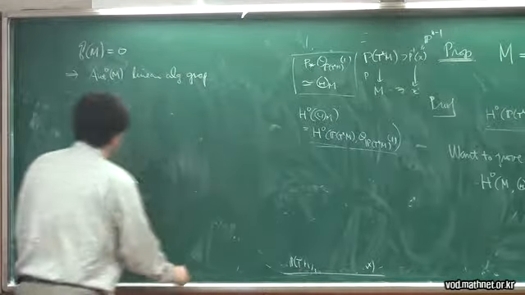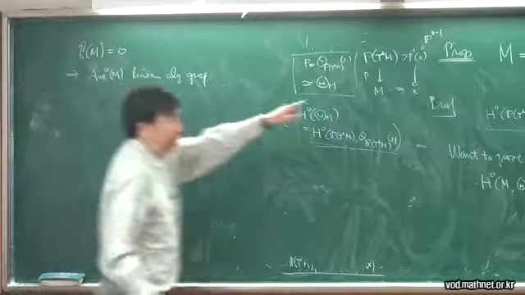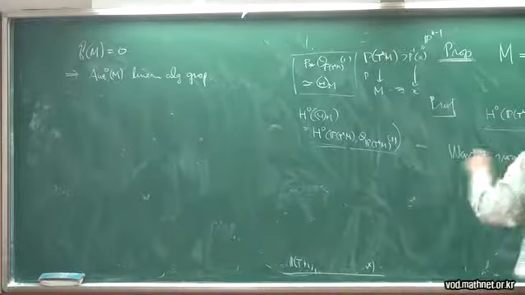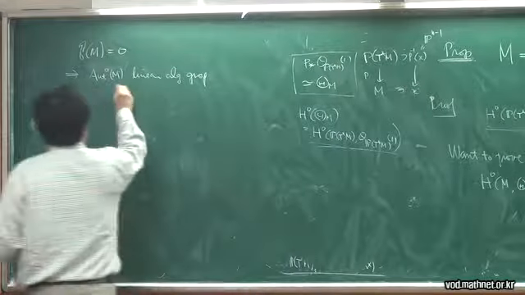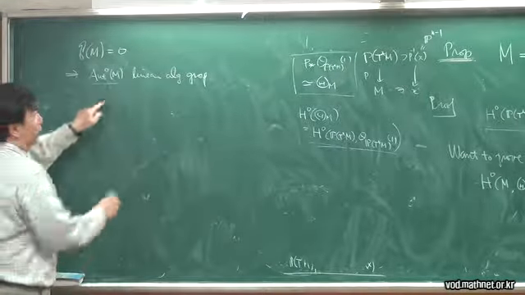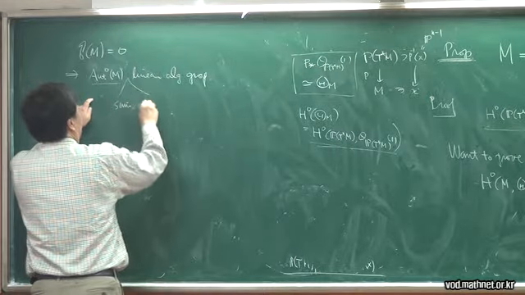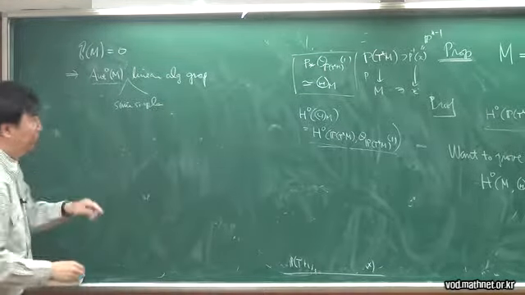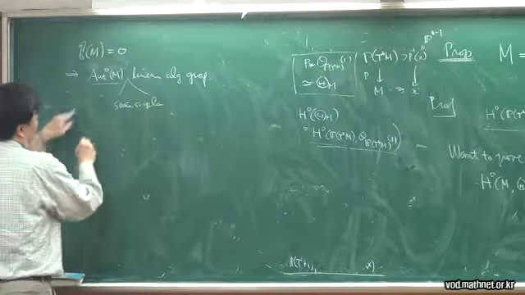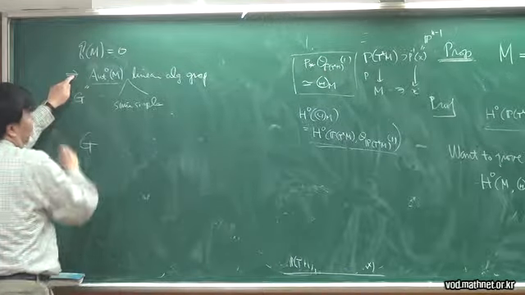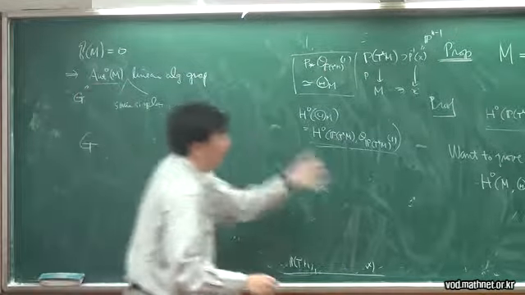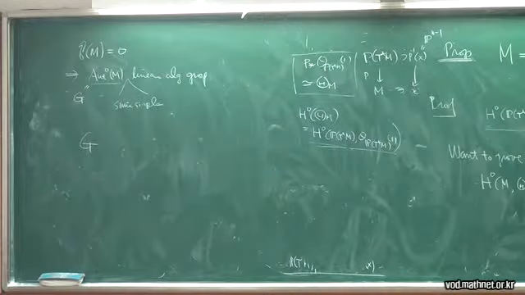But now M is a flag variety. Then this is actually semisimple. So this should be semisimple. Why is this true? Now if we put this G, then G acts on M transitively.